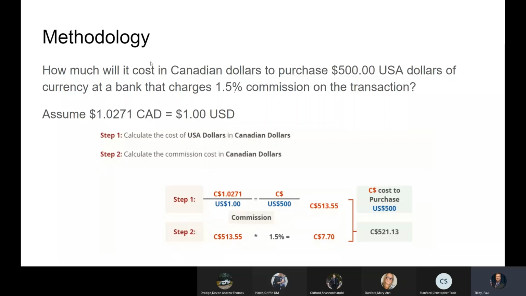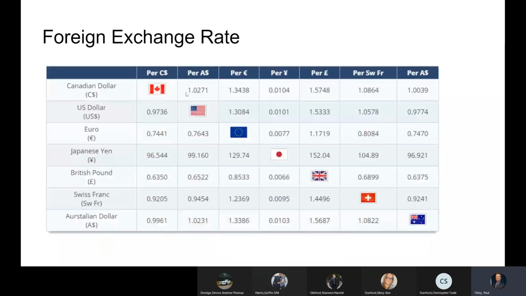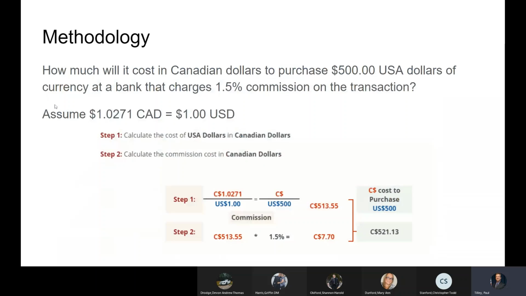So let's just worry about the first part first. How much will it cost in Canadian dollars to purchase 500 US dollars? Now, I'm going back to our table, Canadian dollars, US dollars, so $1 Canadian is $1.0271 American. So what we've got is this going on here.